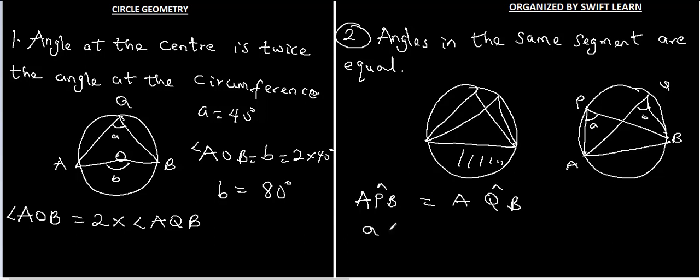That means A is equal to B. As long as they are on the same, look at them, they are touching the same place. Even if you have something like here is P and here is Q, I'll tell you that P is also equal to Q. So we've proved that the angles in the same segment are equal.